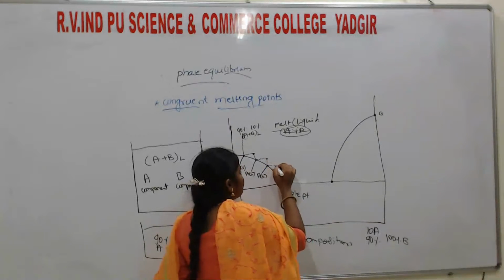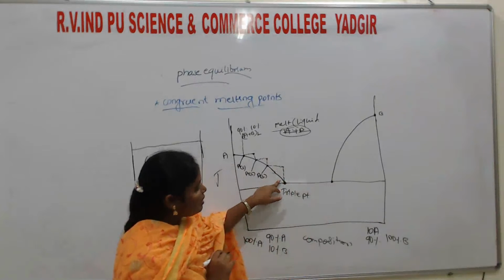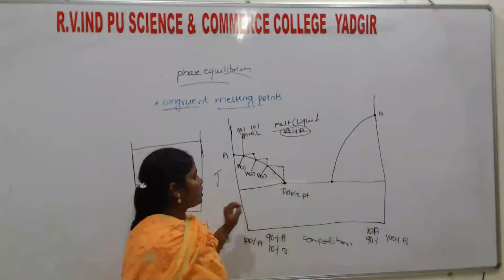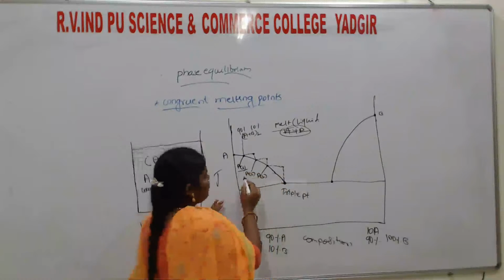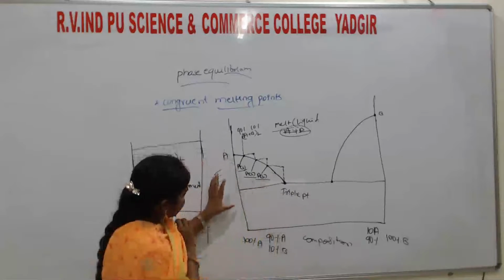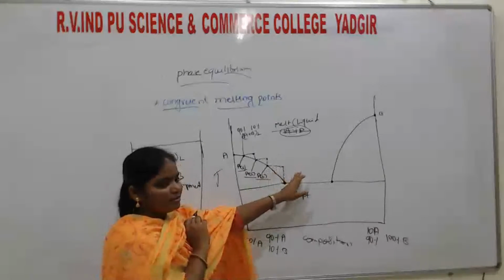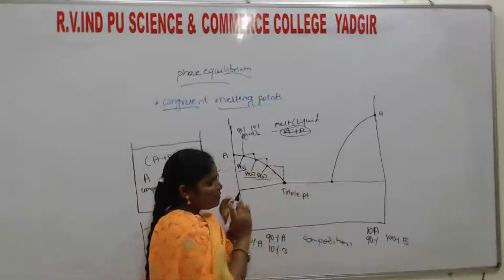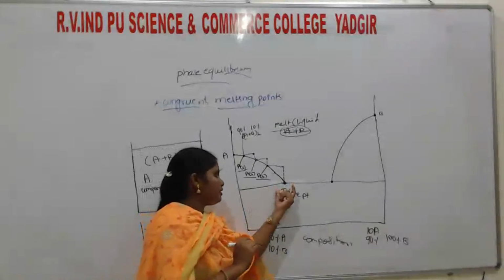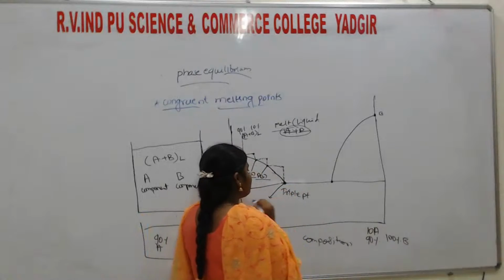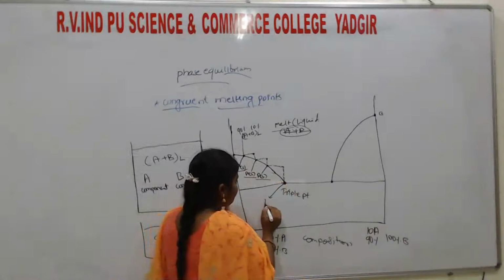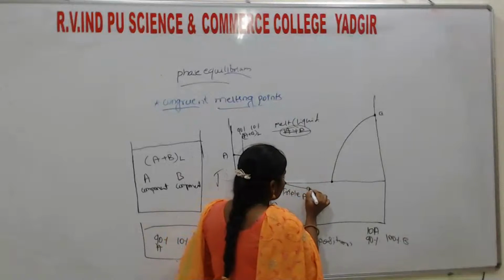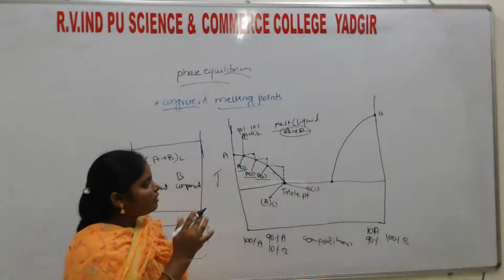The curve is here, and A separates out, and A separates out again as I decrease the temperature, and the composition of B increases. At this particular point in the two component system, A separates in equilibrium as a solid, and at the equilibrium state B also starts separating, as in silver and lead.